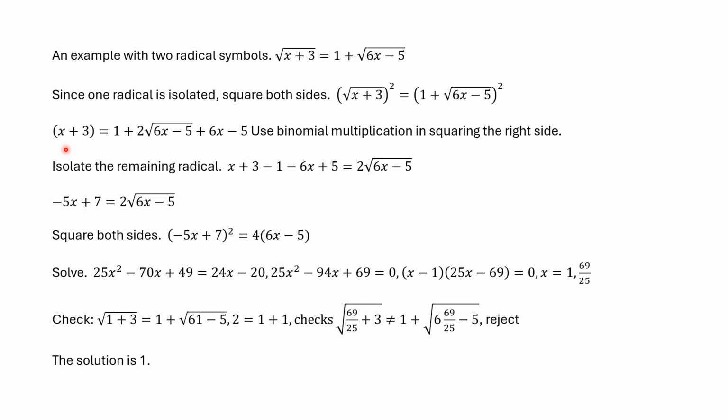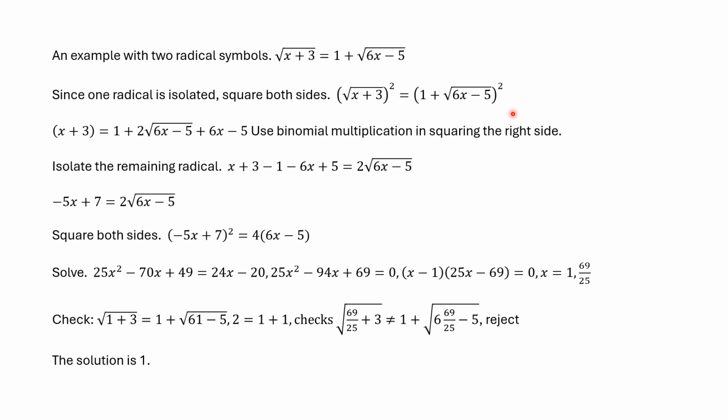Well, on the left, I get x plus 3. On the right, I treat this with the same technique of binomial multiplication. FOIL works just fine.